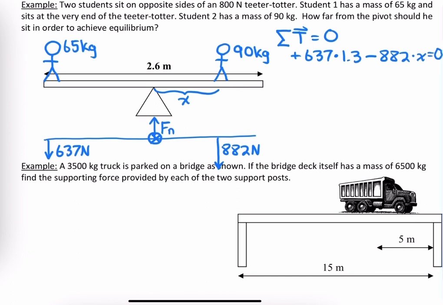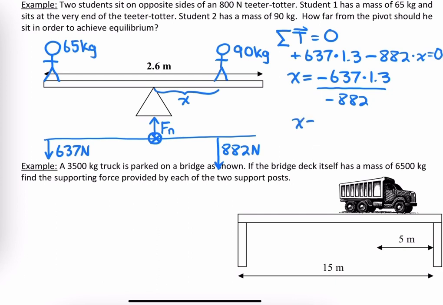Solving this equation, I get that x should be equal to, what would it be? Negative 637 times 1.3 divided by negative 882. That's what I get if I just leave x where it is and move everything to the other side of the equation.